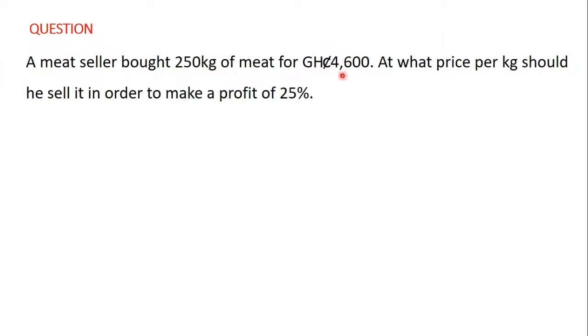Remember, the question is telling us that the cost price for the 250 kilograms of meat is 4,600 Ghana cedis. So you will have to find the selling price for all the 250 kilograms of meat. After that, we will divide it by 250 kilograms to get the selling price per kilogram.